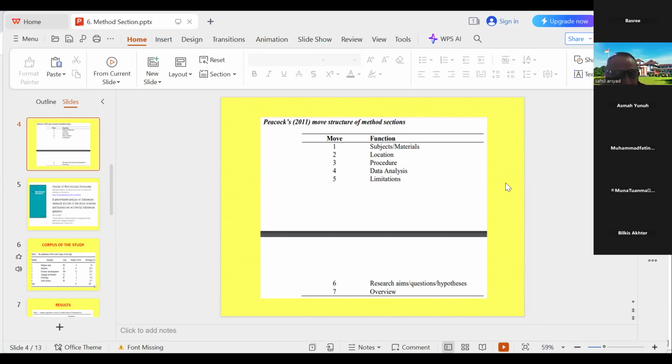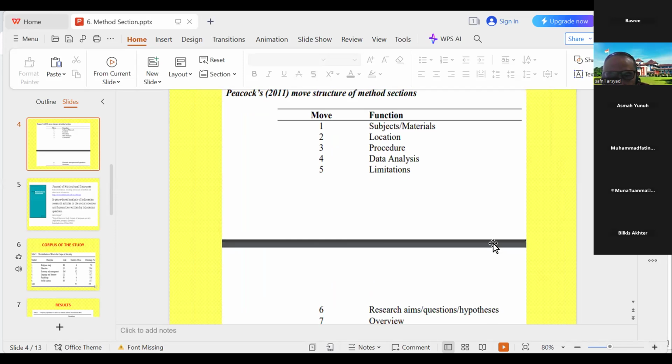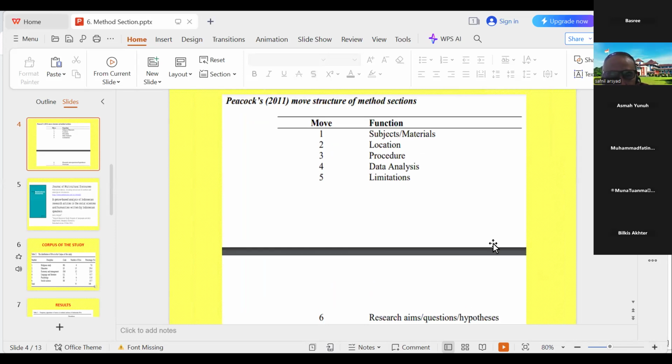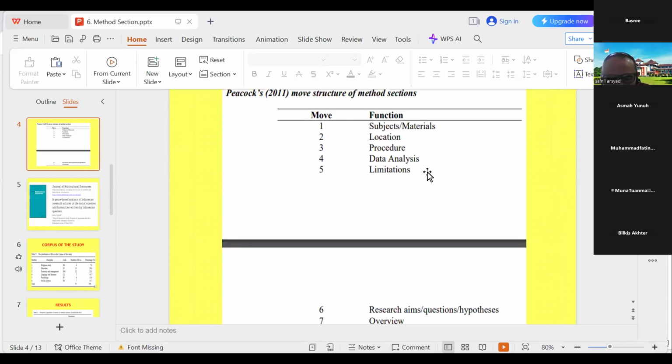So this is Peacock's model 2011. Here in Peacock's model, overview is the 7th move, but I found that this is the first move, the overview of the research.